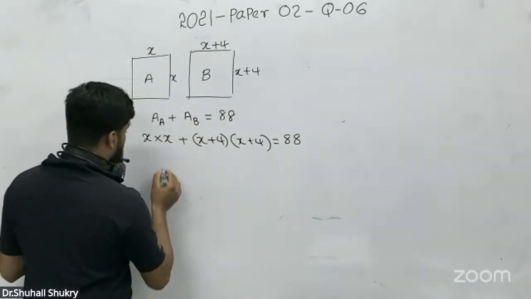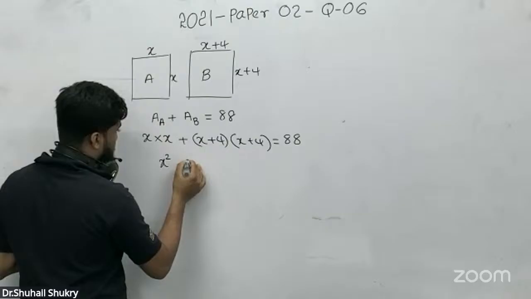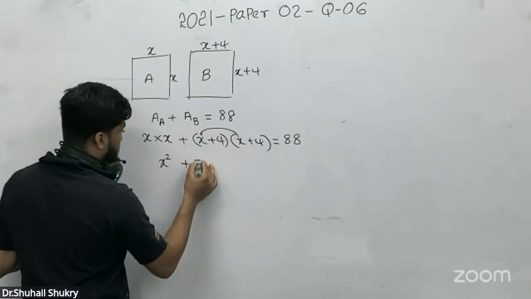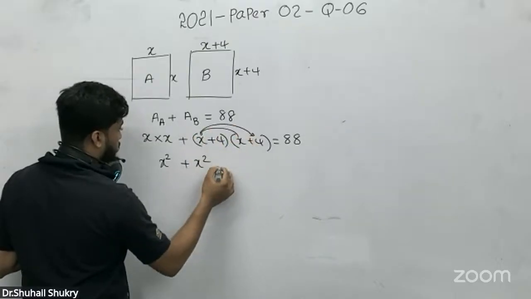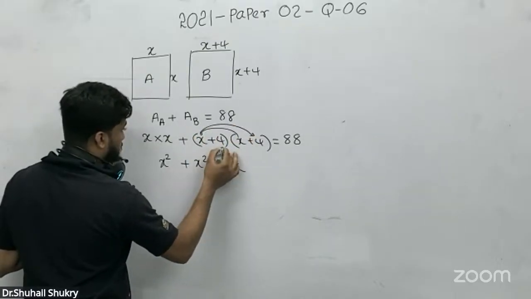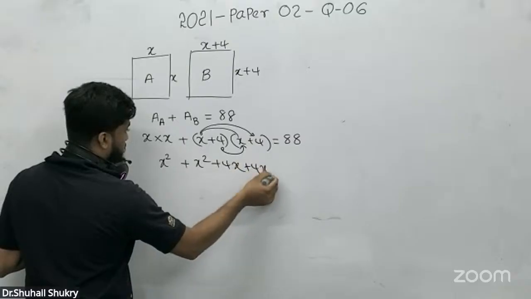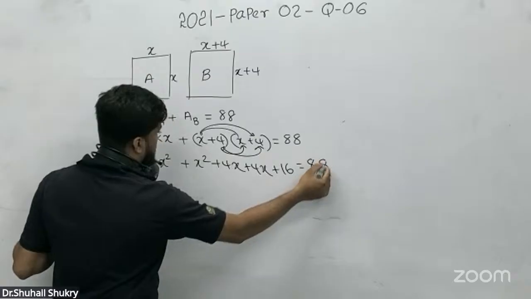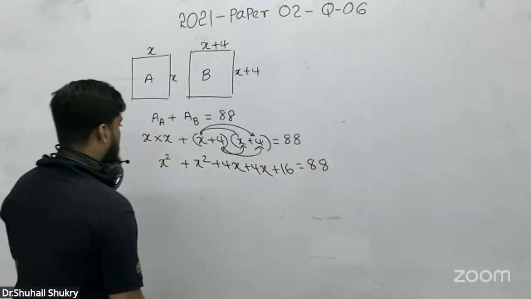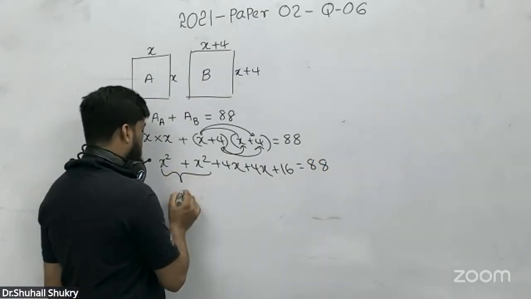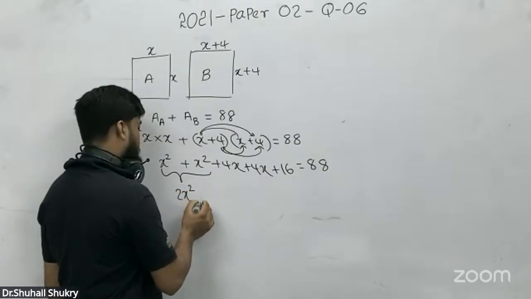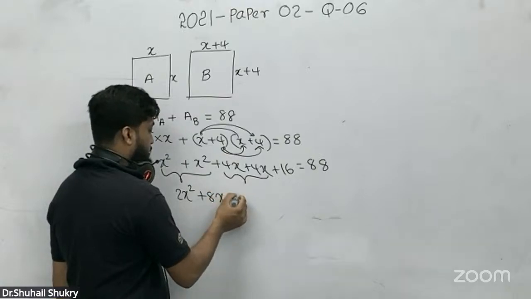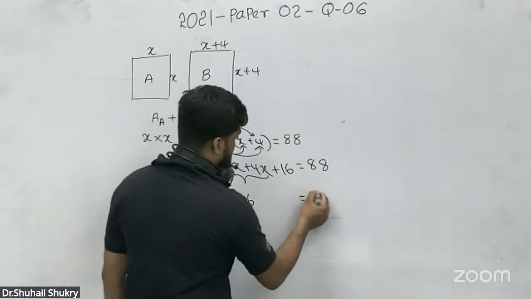Then I can write x squared plus, if I simplify this, x into x is x squared, x into plus 4 is plus 4x, plus 4 into x is plus 4x, plus 4 into plus 4 is plus 16, equal to 88. Now x squared and x squared will be 2x squared, plus 4x and plus 4x will be plus 8x, plus 16 is equal to 88.